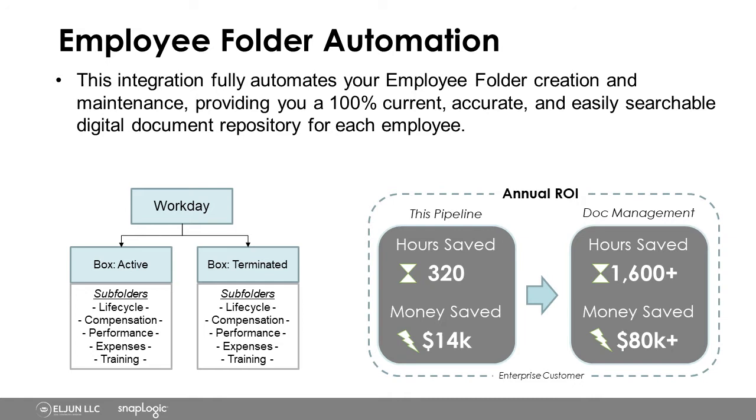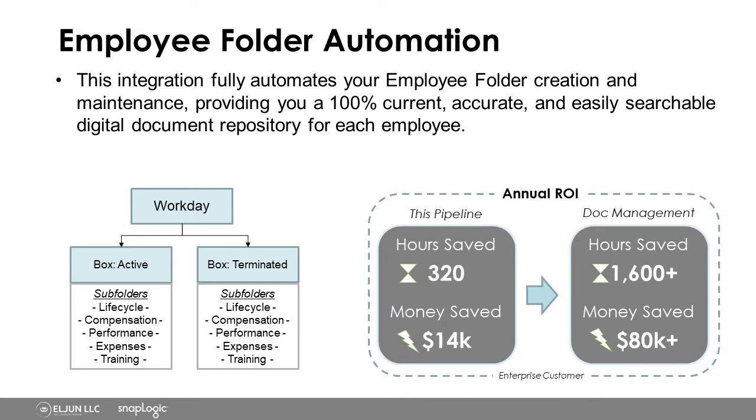So terminated employees into one section, active employees into another, and then a bunch of subfolders that'll be created for each of those that'll work as the repositories for files that will come from each of your systems inside of your ecosystem as you need them to, or as they become available.